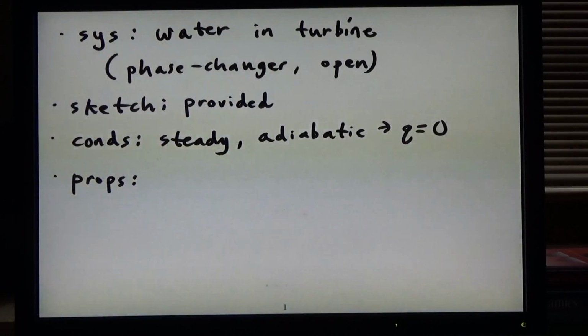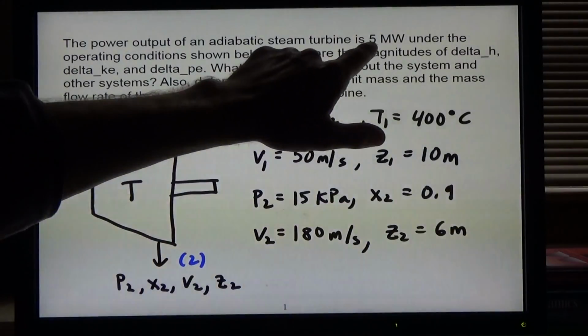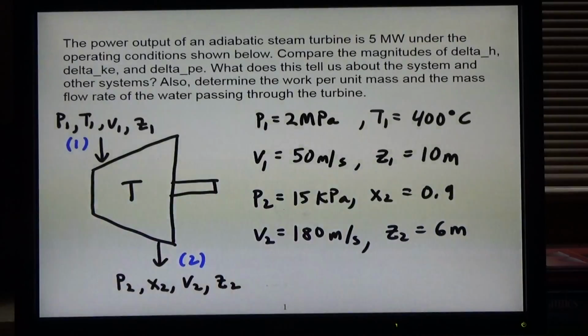For the properties, we are basically given all the properties that we need right here. We have all the properties at the inlet, all the properties at the exit already listed. The only other thing we're given about the turbine is that the power output is 5 megawatts. So we can show that on the sketch.